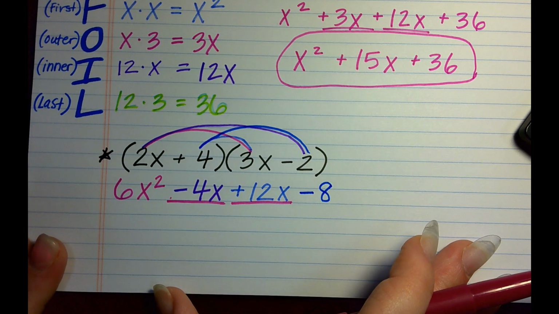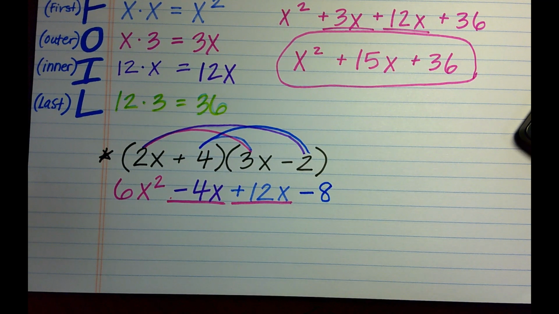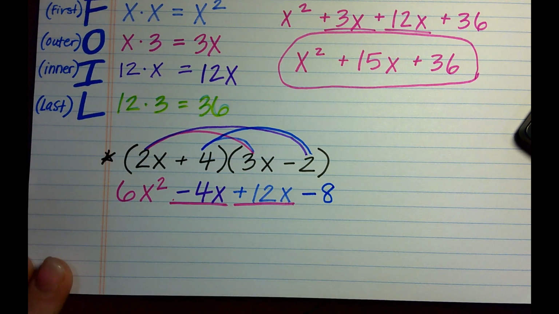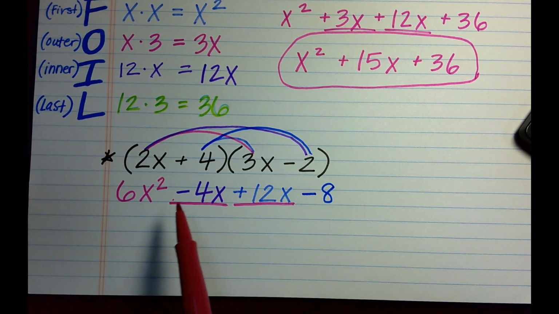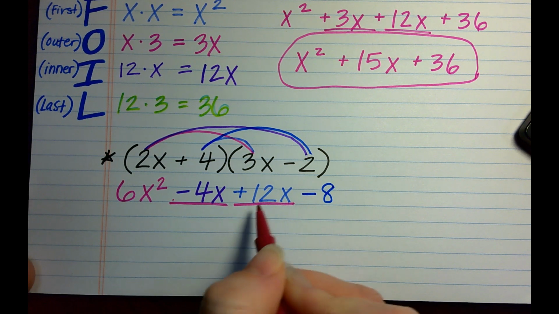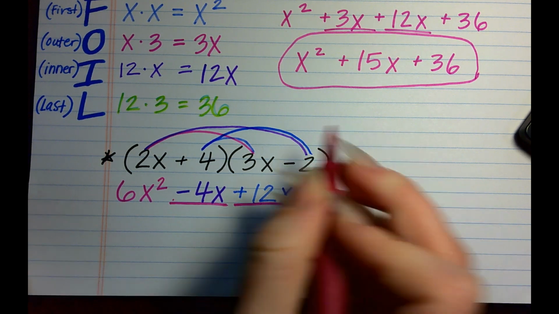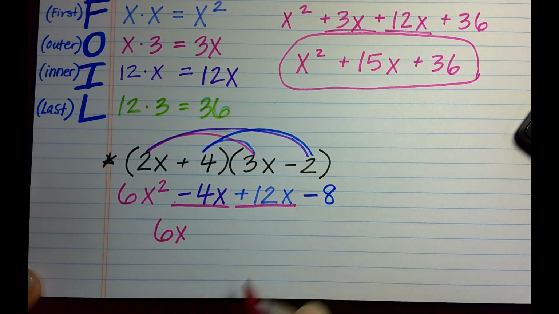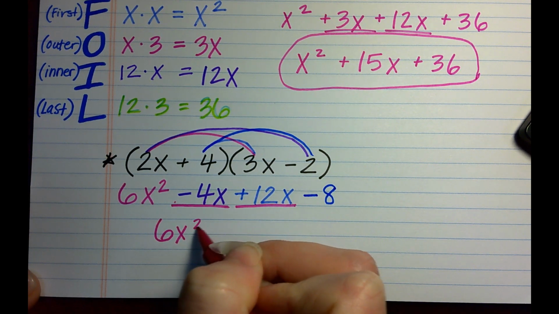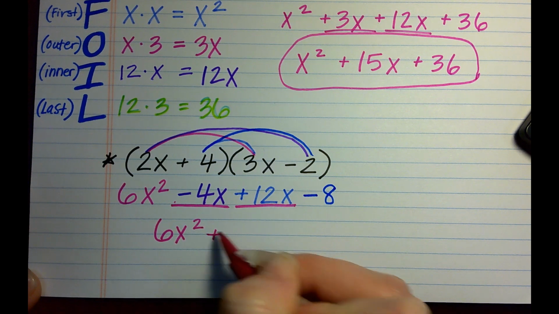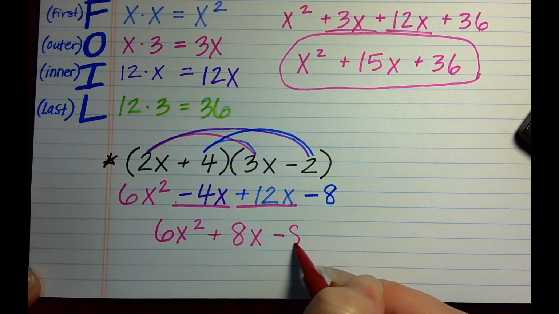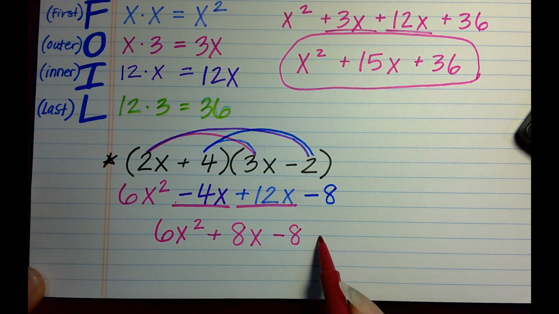But forever and ever, if you use this method, your like terms will always be in the middle. So what is negative 4x plus 12x? 8x. So I'm going to rewrite everything with my new combined middle term: 6x squared plus 8x minus 8. And that's my answer.